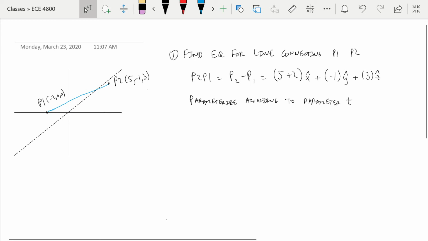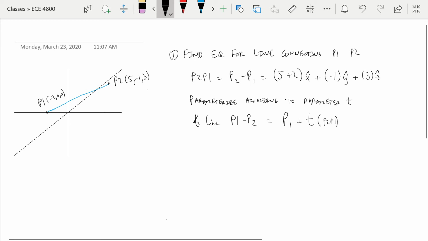So the line P1, P2, we can define according to this parameter t. This line is going to be equal to P1 plus t times the vector that we just defined, which we're calling P2, P1. In the book, they refer to this as PQ, which is a little bit more clear, I think.